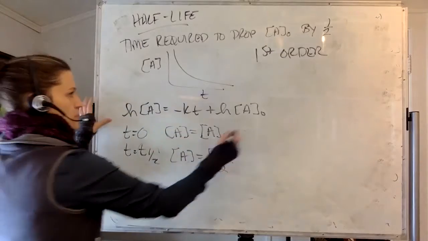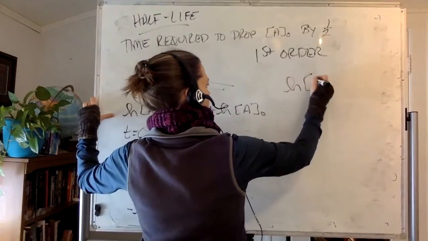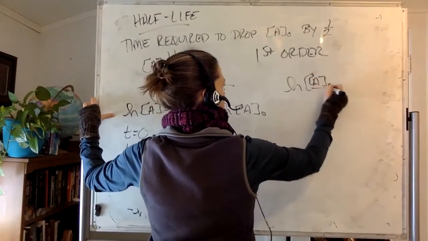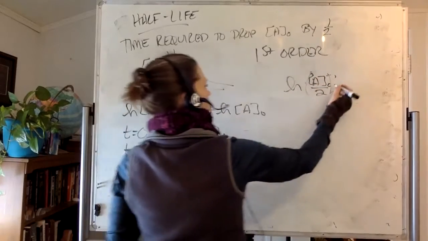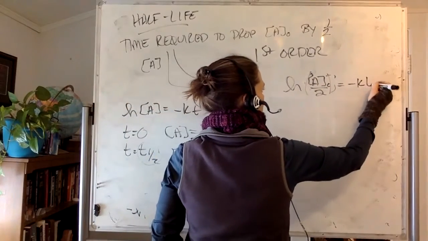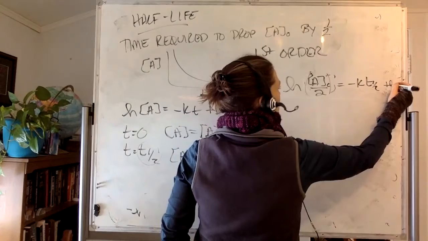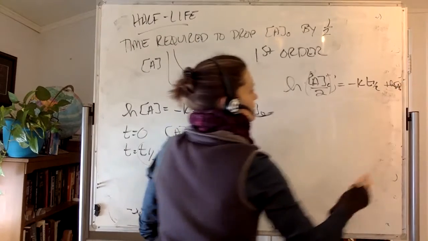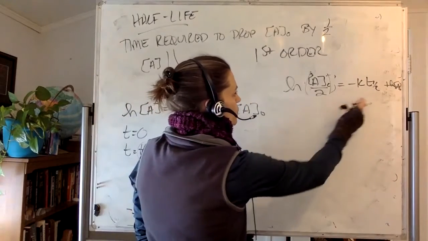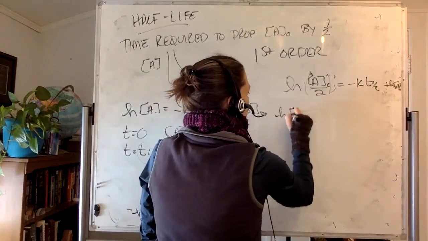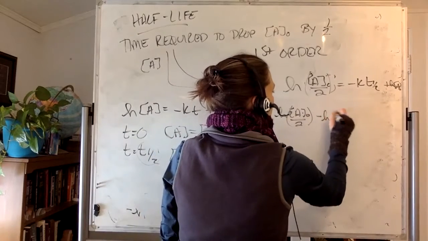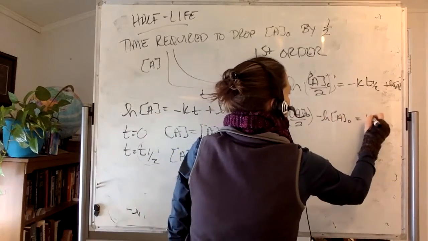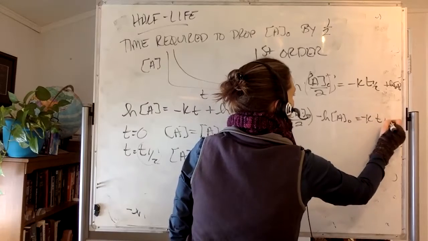So if I have log of A0 over 2 equal to minus k t1/2 plus log of A0. Now what we're going to do is say log of A0 divided by 2 minus log of A0 is equal to minus k t1/2.